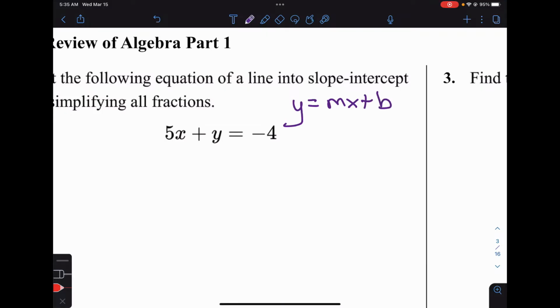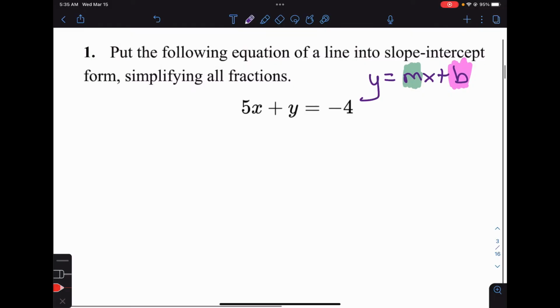The reason it's called slope-intercept form is the m represents your slope, and your b represents your intercept. So essentially, to get a line into slope-intercept form, your goal is to get the y by itself. So looking at this problem, we just have to work to get y by itself here.